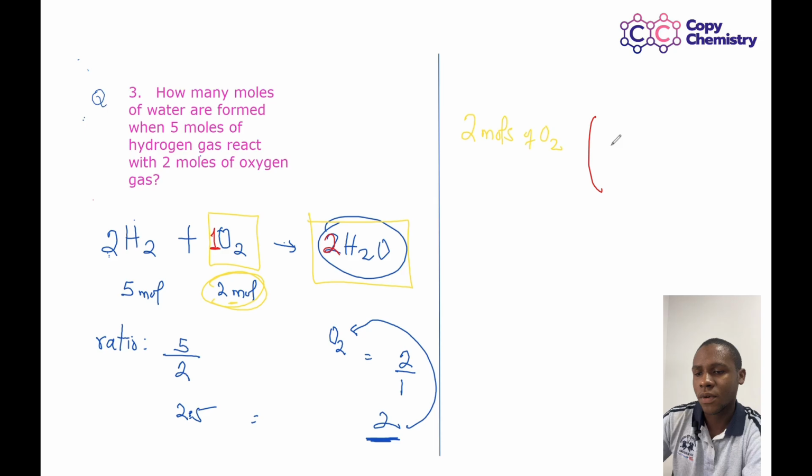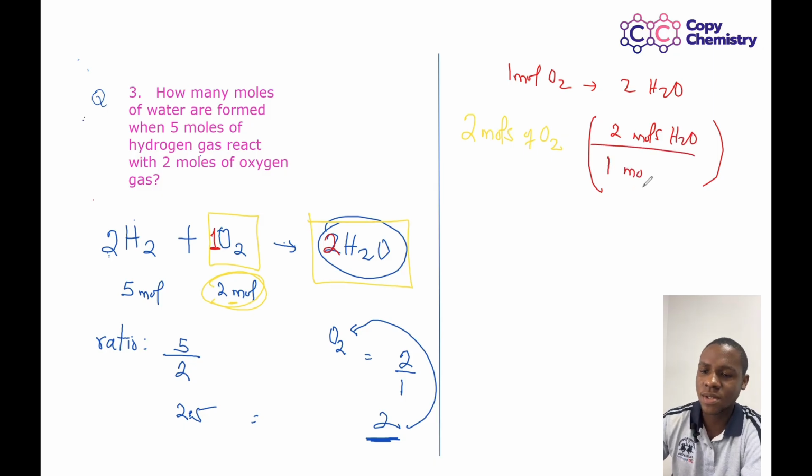1 mole of oxygen, giving you 2 moles of water, and would rearrange this into this bracket here by saying 2 moles of water divided by 1 mole of oxygen.